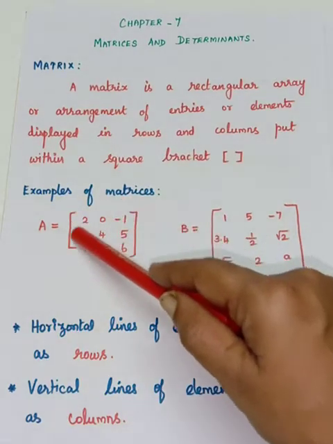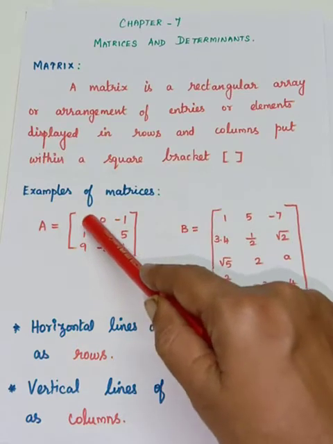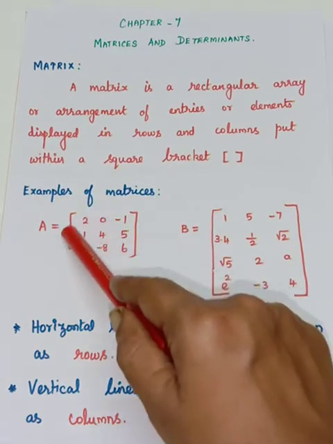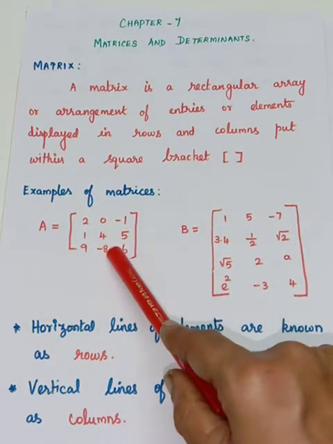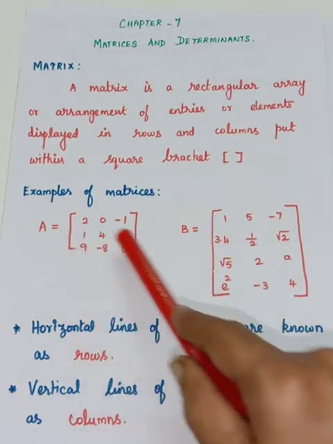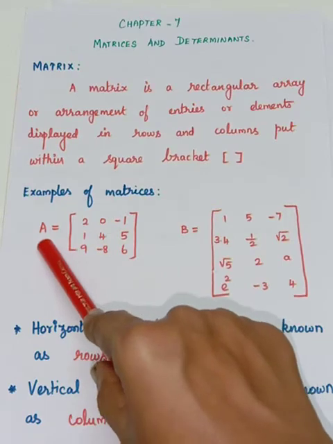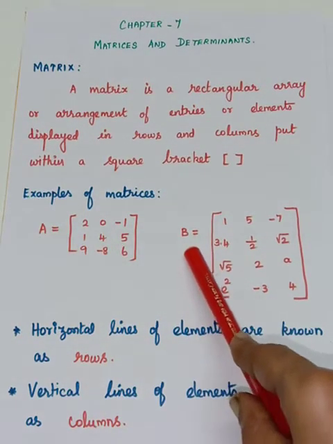So, the entries or elements displayed in rows and columns put within a square bracket, this arrangement is called a matrix. And we have to give a name for the matrix. Here the first matrix is named capital A and the second matrix is named capital B.